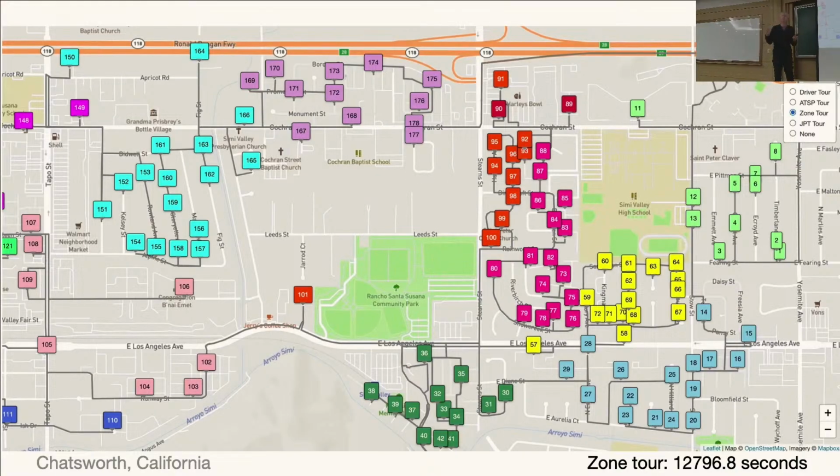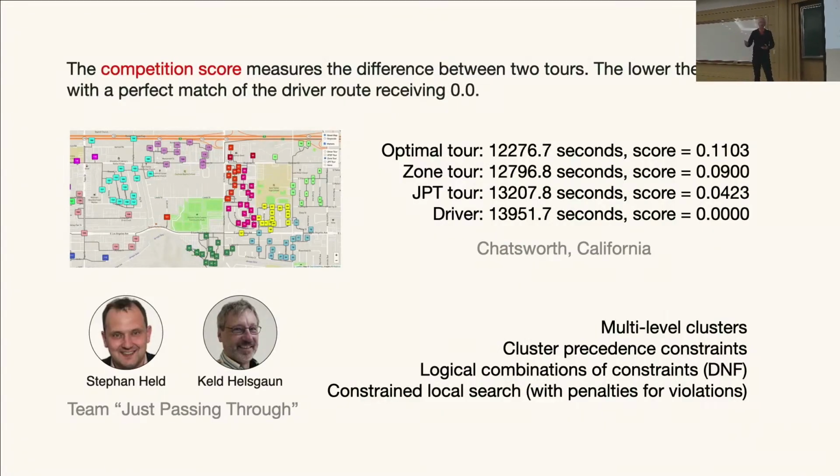So as a first step, we just added a constraint that all the zones should appear consecutively. It adds about 500 seconds to the tour, but you see it's consecutive now. It goes from 99, 100 over to 101 and over to 102. But it gives a better score. So in a competition, a perfect match is 0, and the lower the score, the better.